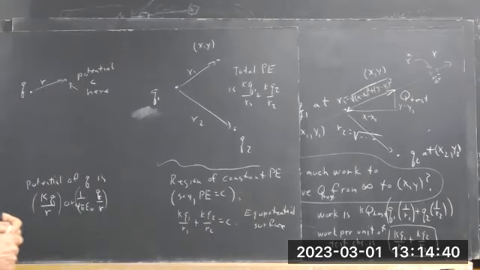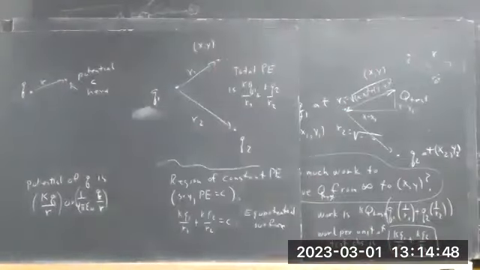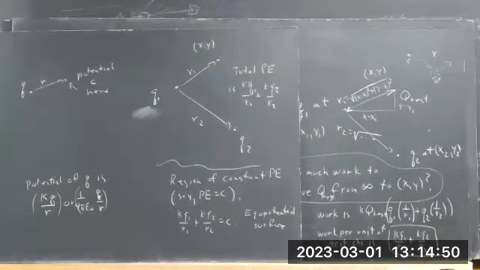Now, where else would the potential be the same as it is at that point? Let's take Q over R, right?